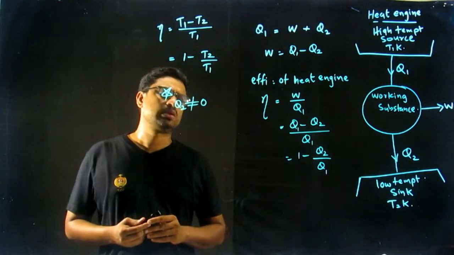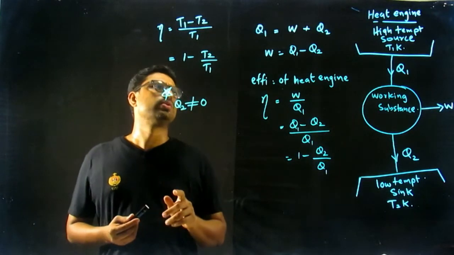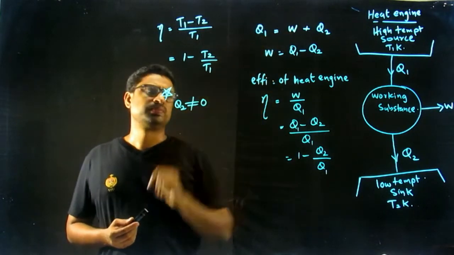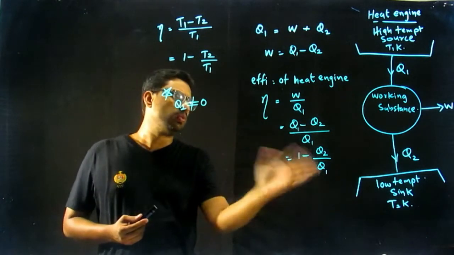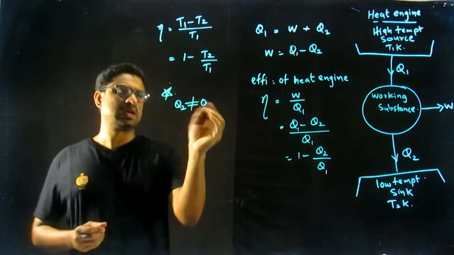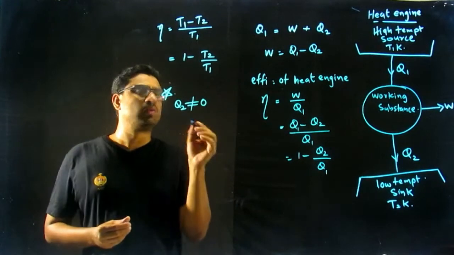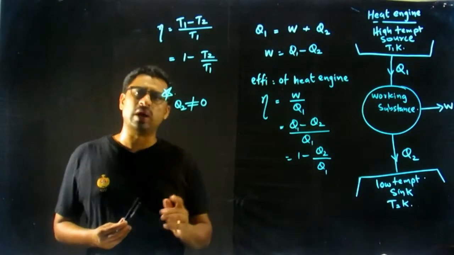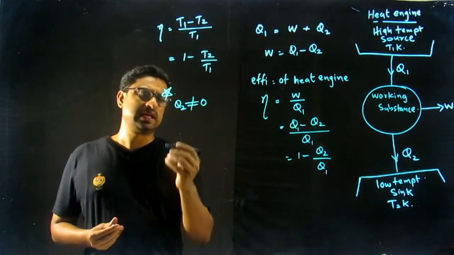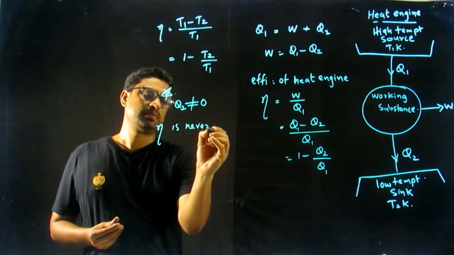So Q2 is never 0. If Q2 is never 0, W is never Q1. If W is never Q1, efficiency can never be 1. So it's not possible that efficiency is 1.